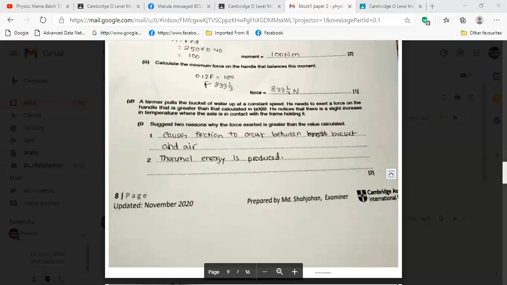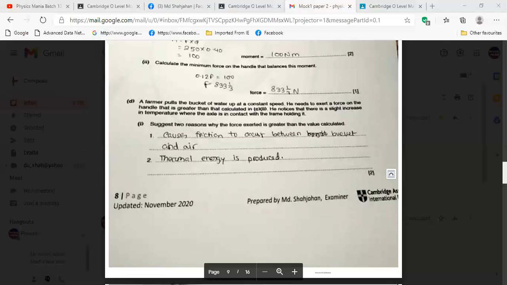But thermal energy, will it be wrong? No, it's not wrong. Your idea is correct, but it's not appropriate here to write. That means it's not bringing mark to write it here. Is it clear? You bring the idea of forces here, sources of forces, how the moment is affected.